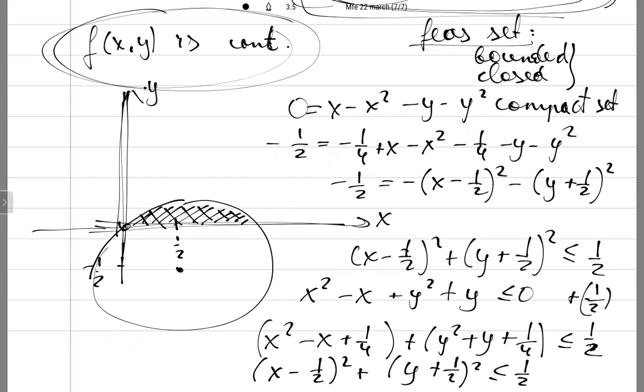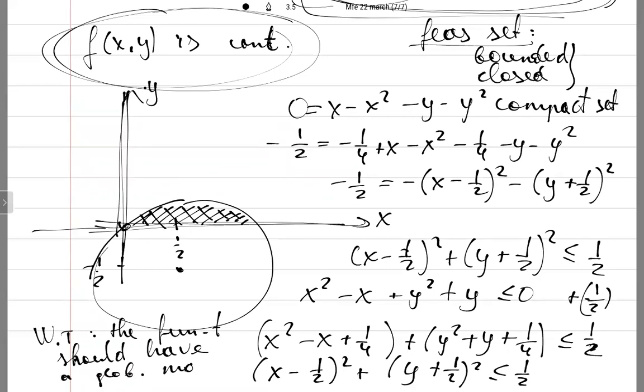So the Weierstrass theorem is applicable, and it says a function should have a global maximum on the feasible set, but I have only 2 suspicious points. So I can just check which one is better, because the Weierstrass theorem says there should be a maximum.